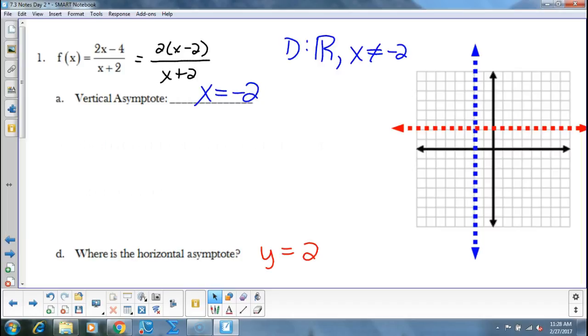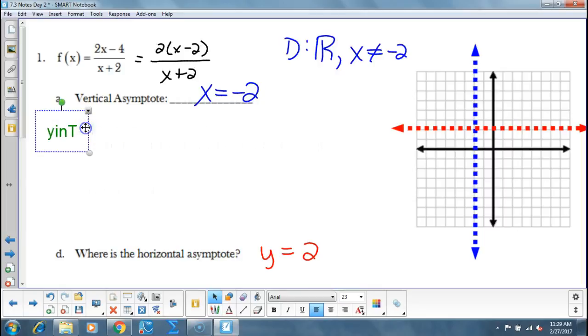Next, it says, find our y-intercept. Just transferred my chicken scratch into type. So my y-intercept, how do I find my y-intercept? Put in 0 for x.